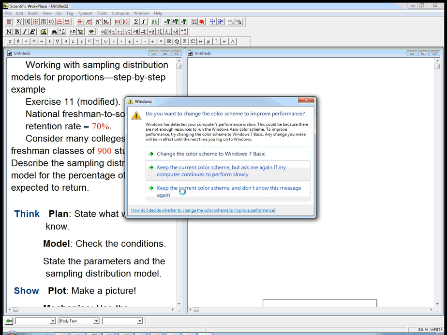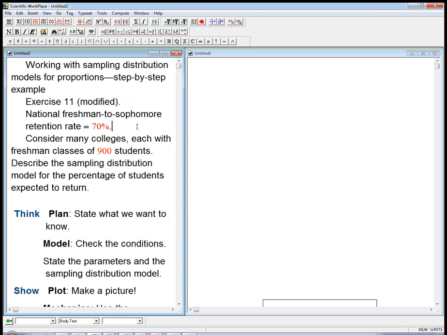There's going to be a lot of randomness there. But they should basically cluster somehow around 70% if this number is accurate, and we're assuming it is. And what we want to describe is basically a histogram of what we would expect all those numbers for the proportions to be. And so that's an example of the sampling distribution model for a percentage.